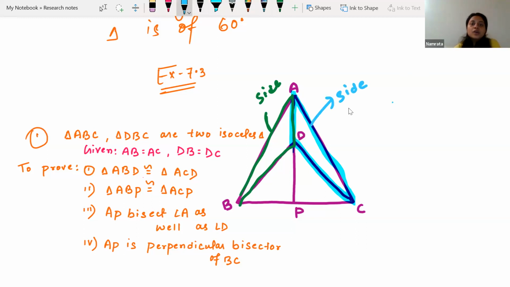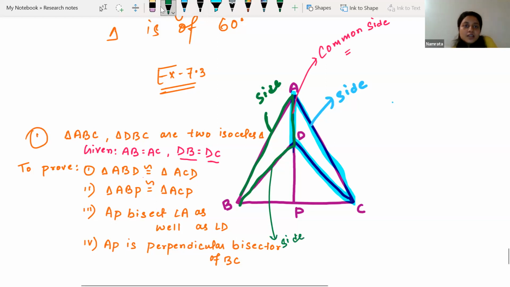What else do we know? There is a common side, which is common to both triangles. Let me write it. This is the common side. And what else do we know? It is already given that DB is equal to DC. So this side DB is equal to this side.